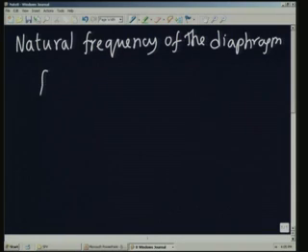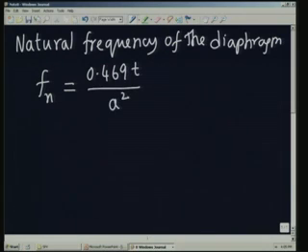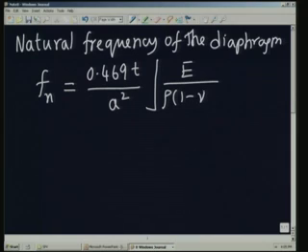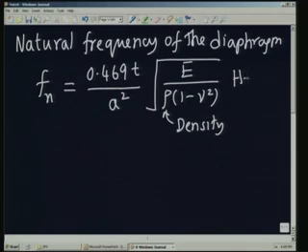So, the natural frequency f natural, again for small deflections, is 0.469 t by a squared times the square root of E by rho into 1 minus nu squared, where rho is the density. This will give you the value in hertz, all others are in SI units.